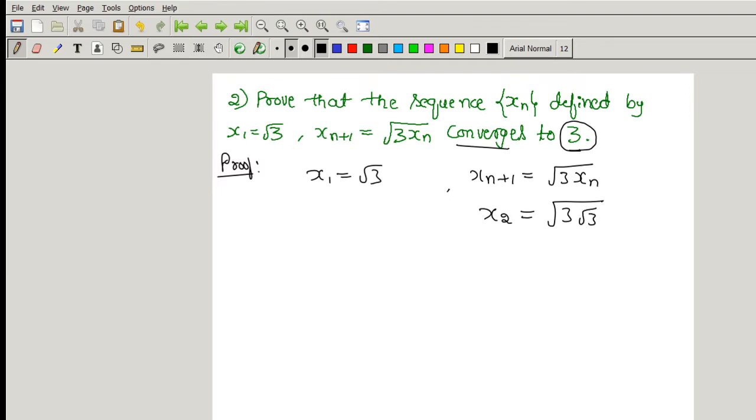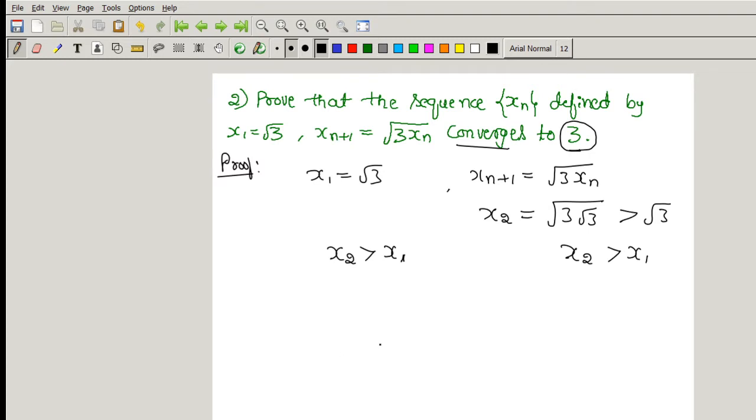Clearly, this value is greater than root 3, because root 3 is approximately 1.7, and root of 3 into root 3 is around 3.7, which is always greater than 1.7. That is, root of 3 into root 3 is nothing but x2, and root 3 is nothing but x1. So we have proved the first inequality, x2 is greater than x1.